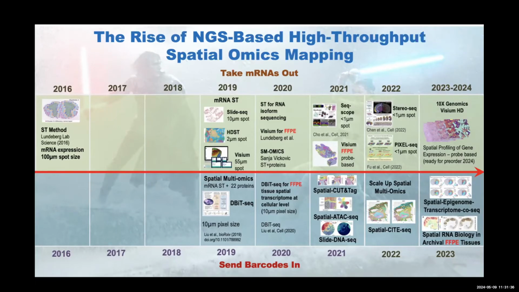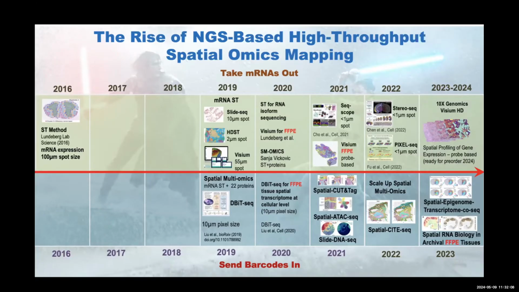But what emerged over the past couple of years, literally less than 10 years, and actually a major breakthrough that took off in 2019, only 5 years ago, was the landmark paper published by Professor Joakim Lundeberg back in 2016. It demonstrated you can capture messenger RNAs over the surface of a DNA microarray.